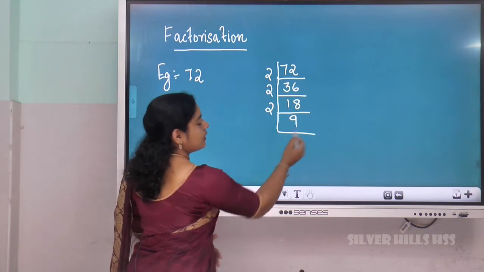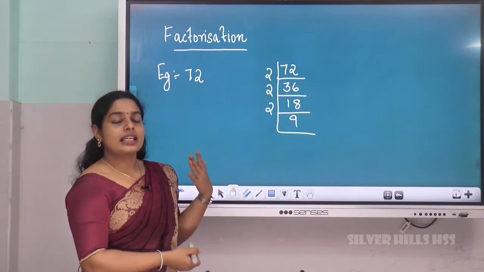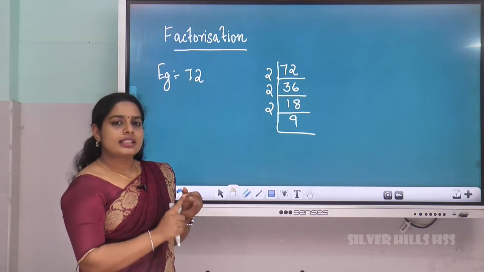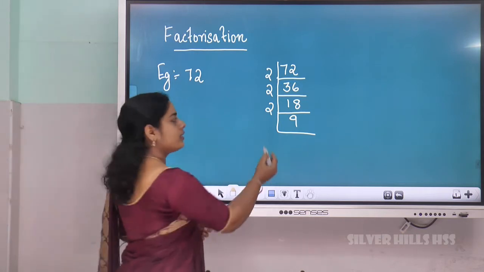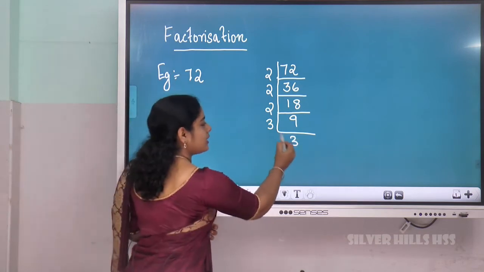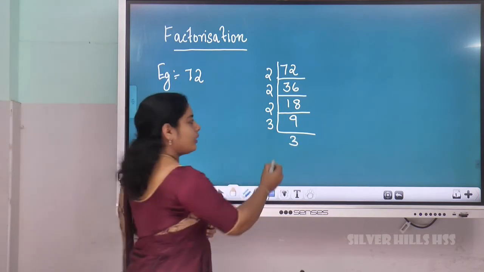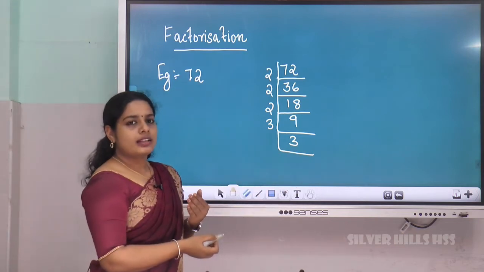Now this 9 cannot be divided by 2 because it is not an even number. So we will take the next prime number, that is 3. We know that 3 is a factor of 9. So we will divide 9 by 3 and we have 3 threes are 9. Now 3 is a prime number, there are no other factors for 3 other than 1 and 3.